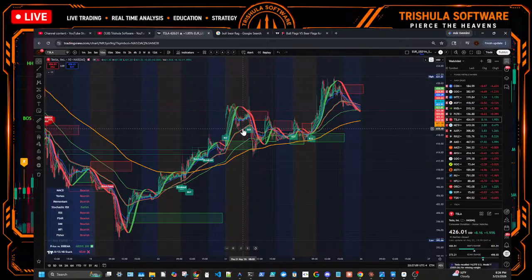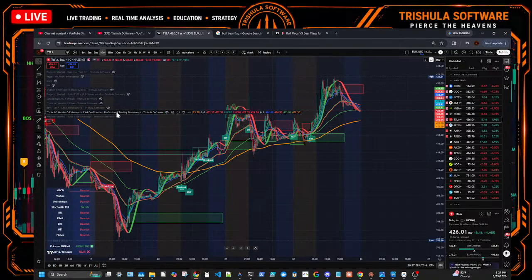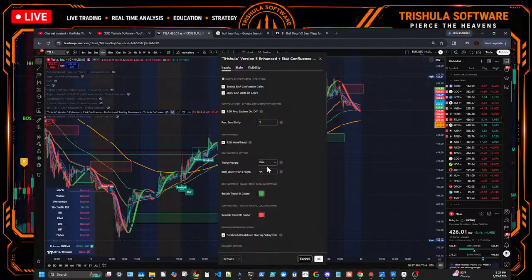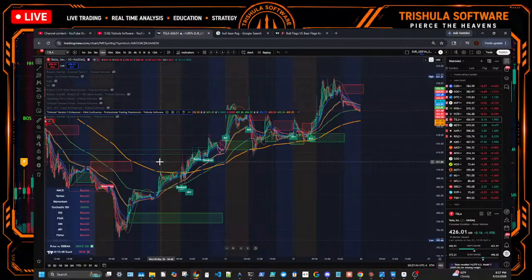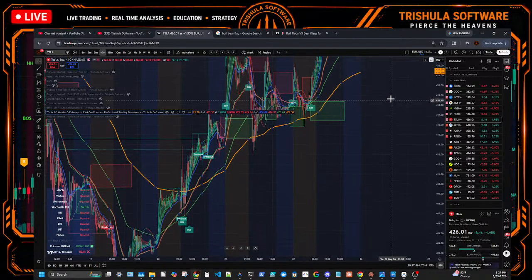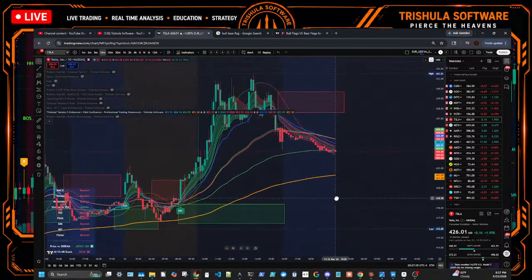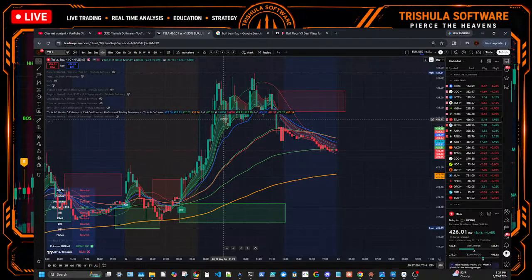We generate two different types of trend waves. We generate what's known as a zero lag moving average on two different scales, which is evident by this. Turn off RDM wave trend. Which is evident by this green cloud right here that eventually turns red.